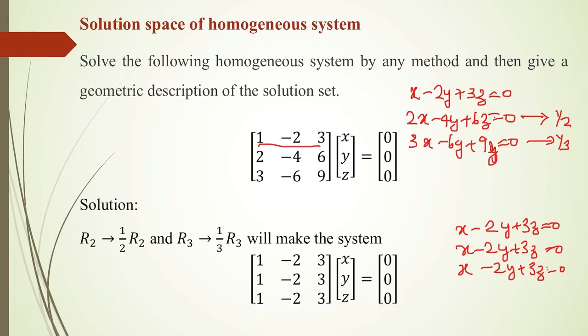So that I will get the new matrix system in this form. Okay. Now I will call this 1, this is 2 and this is 3. I will do 2 minus 1 and 3 minus 1. The second equation will be 0 equal to 0, third will be 0 equal to 0. Equivalently in terms of matrix I will change the second row to R2 minus R1 and third row to R3 minus R1.